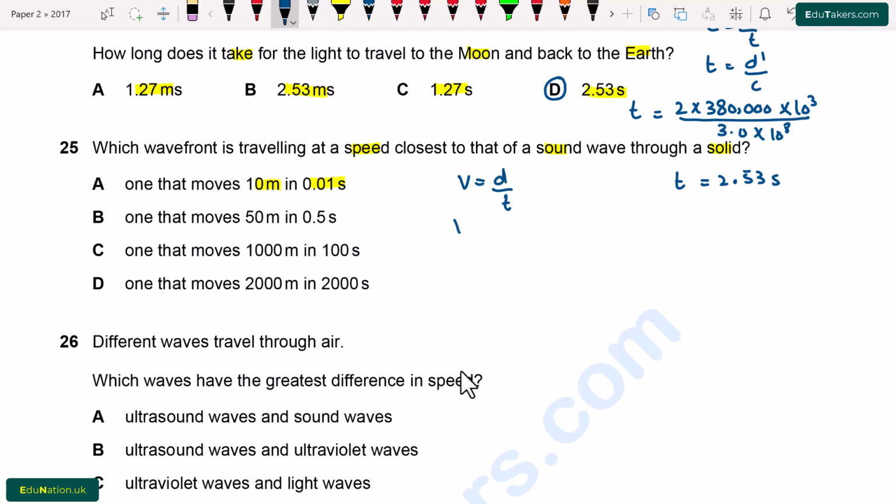So VA will be equal to 10 divided by 0.01, which is equal to 1000 meter per second. Option B, one that moves 50 meter in 0.5 seconds. So I write here VB is equal to 50 divided by 0.5. So this will be equal to 100 meter per second.